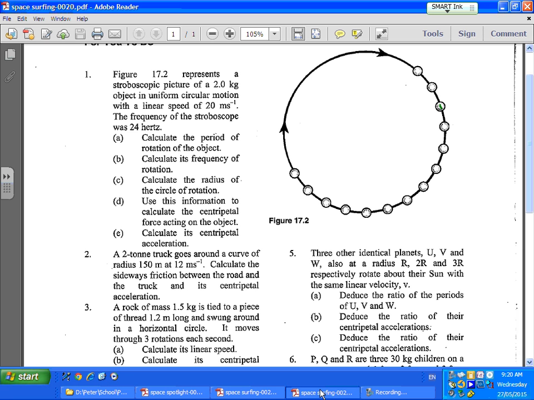So this here is a simple picture of someone swinging a ball around on a rope or something. You've got a stroboscope going, which is flashing at a regular rate, right? So every time it flashes, you see it, and you can get a picture of it. It shows its path around the circle, and we're given some information.